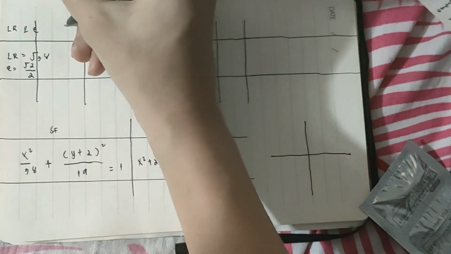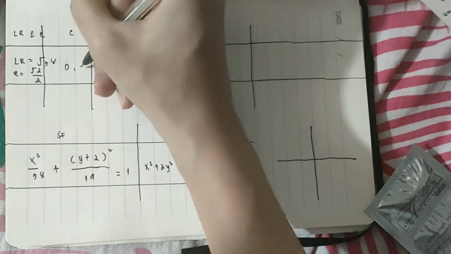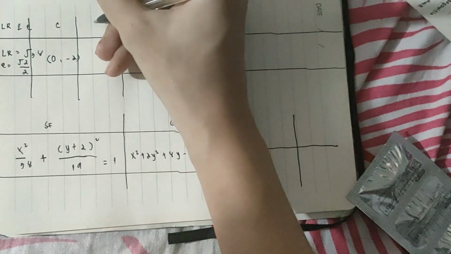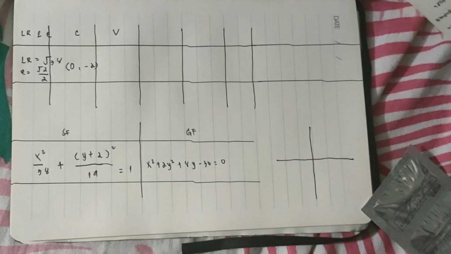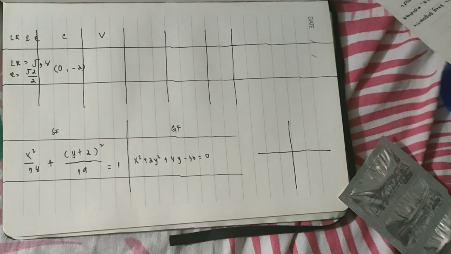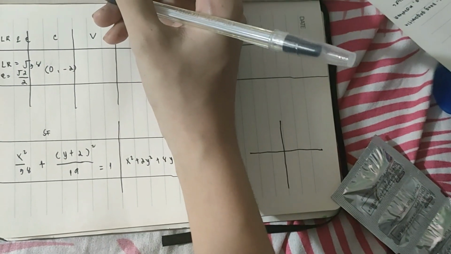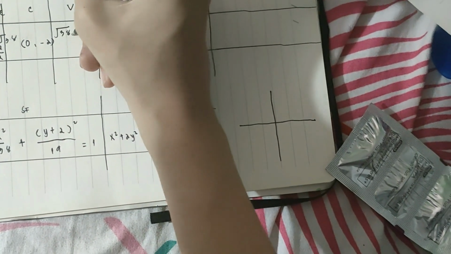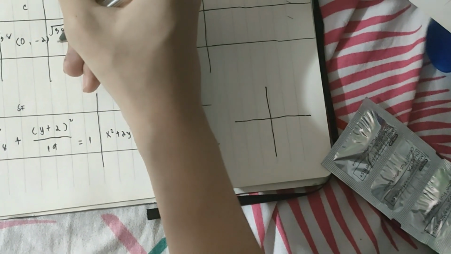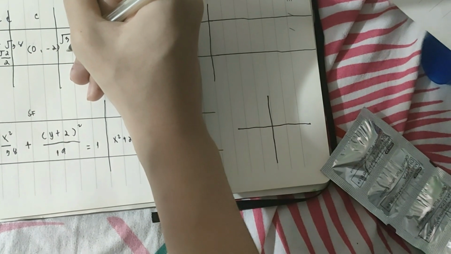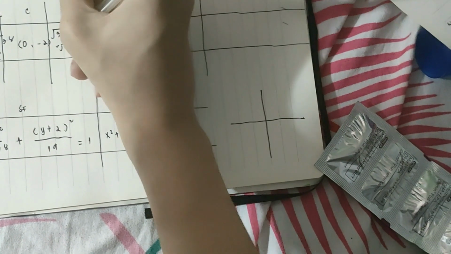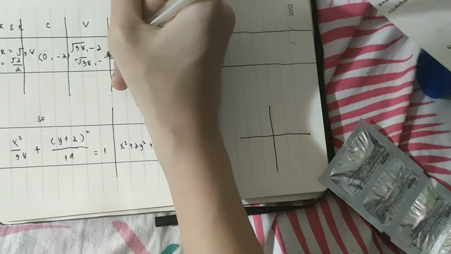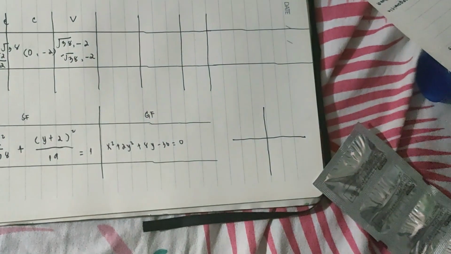Yung center ay naka-plot sa 0 and negative 2. Yung vertices, negative square root of 38 and negative 2 at square root of 38 and negative 2.